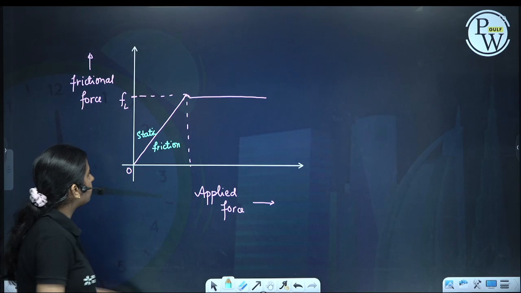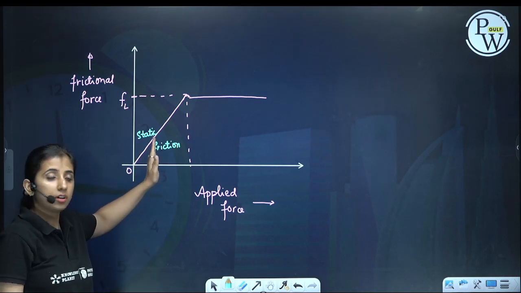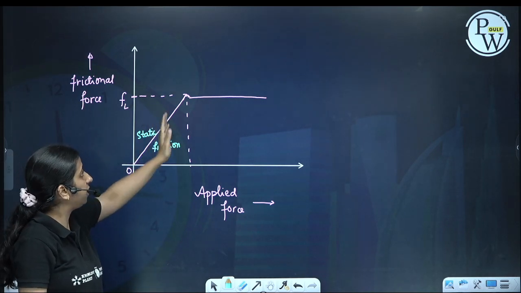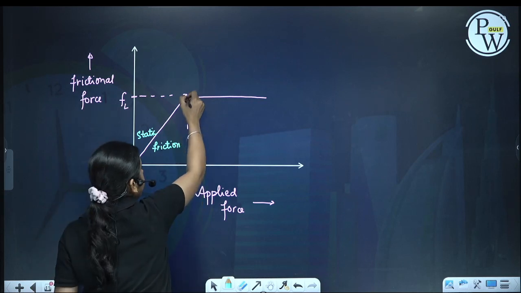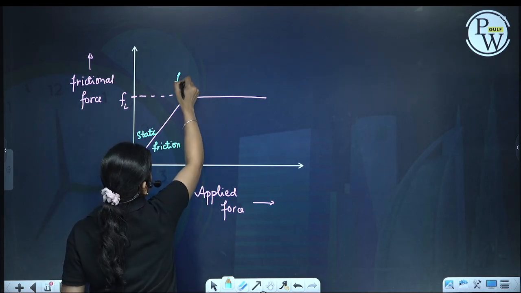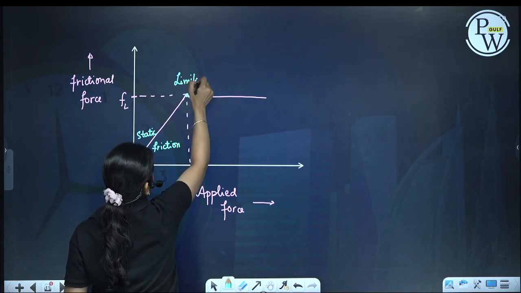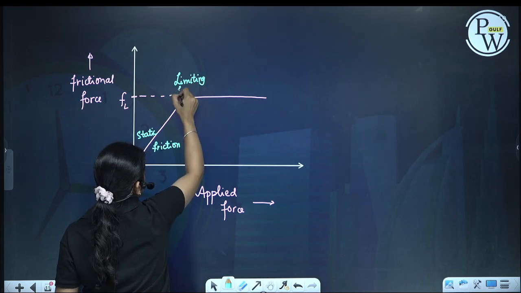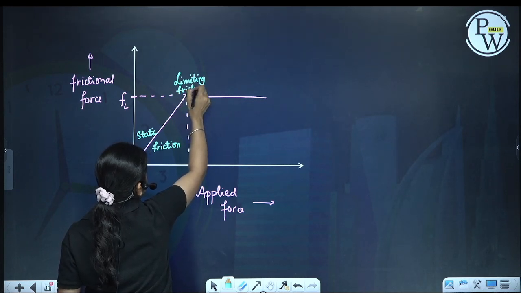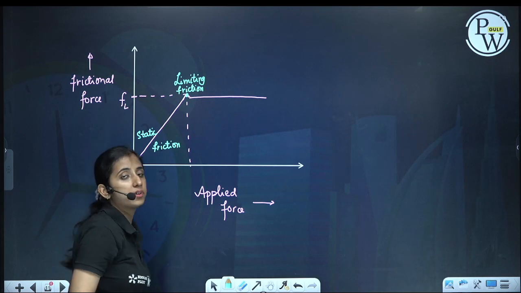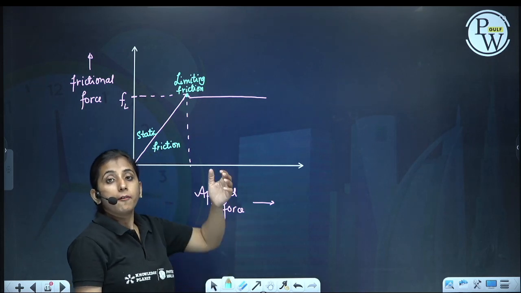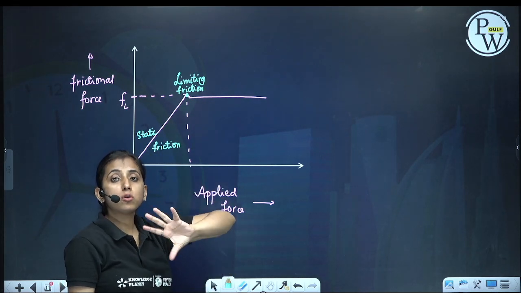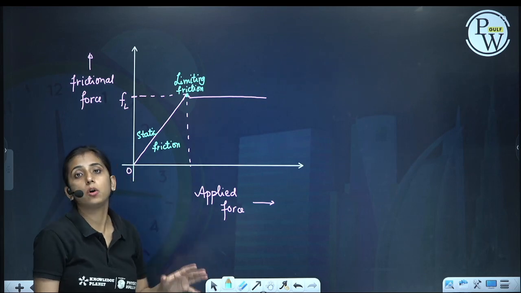Static friction is equal to applied force. So 1 Newton, 1, 2, 2, 3, 3, 4, 4, till we reach a maximum value which is called the limiting friction, where one body is just at the verge of motion over the other body.